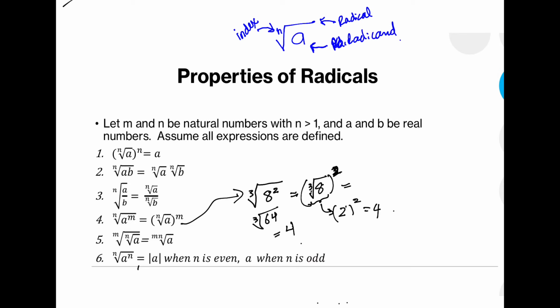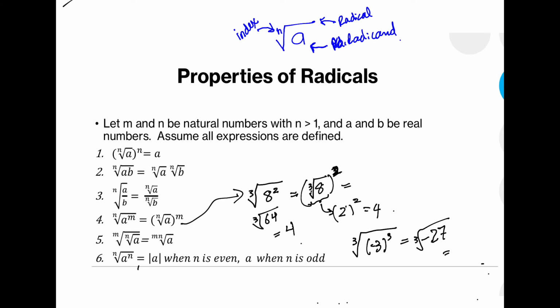For example, we see that if I have negative 3 cubed and I'm taking the cube root, just simplifying this out here, negative 3 cubed is negative 27 because you've got that extra negative in there.